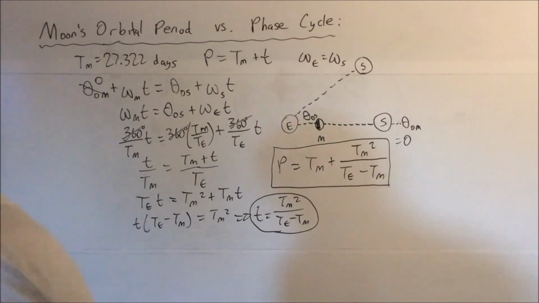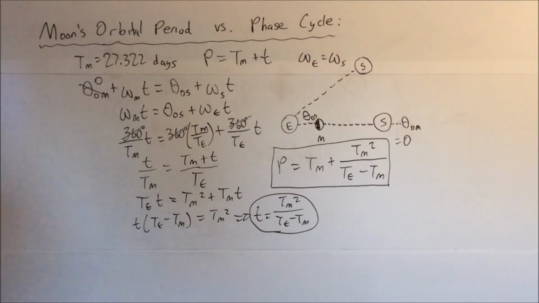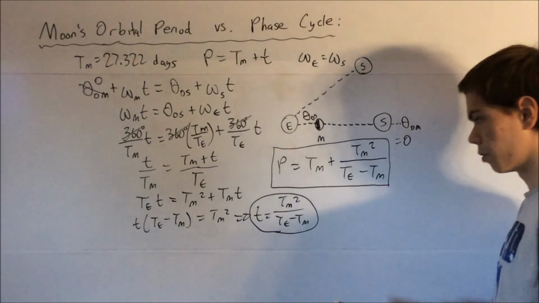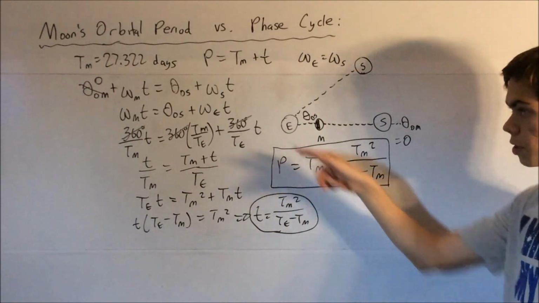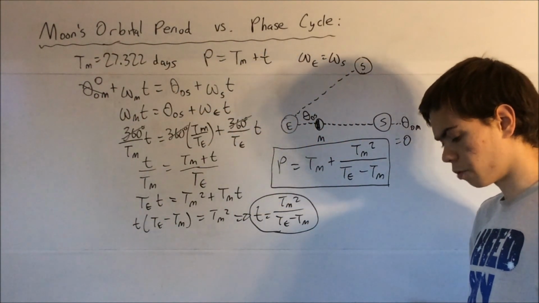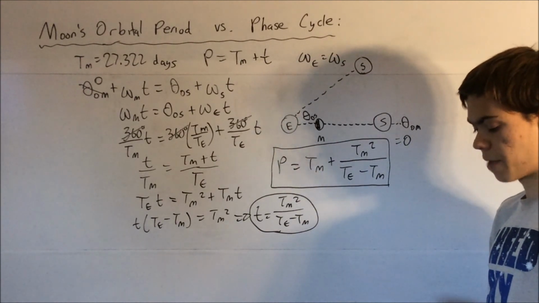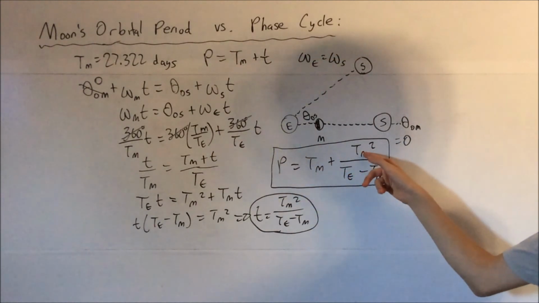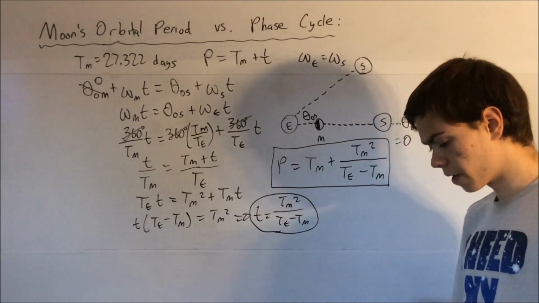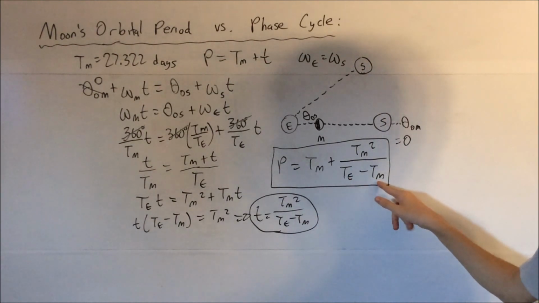So what I'm going to do is use the calculator to show you what this is. I'm going to take the orbital period of the moon, which is 27.322, and add to it a fraction: the orbital period of the moon squared, which is 27.322 squared, divided by the orbital period of the Earth minus the orbital period of the moon.